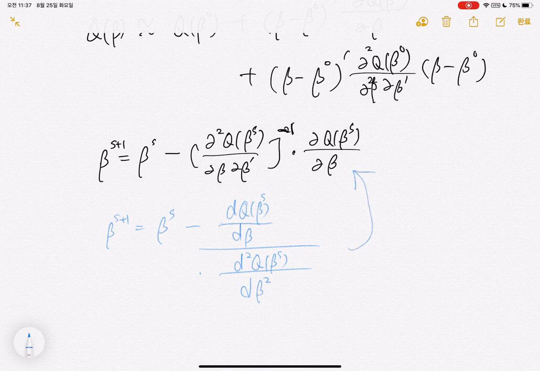So this is the vector and matrix version of this algorithm.